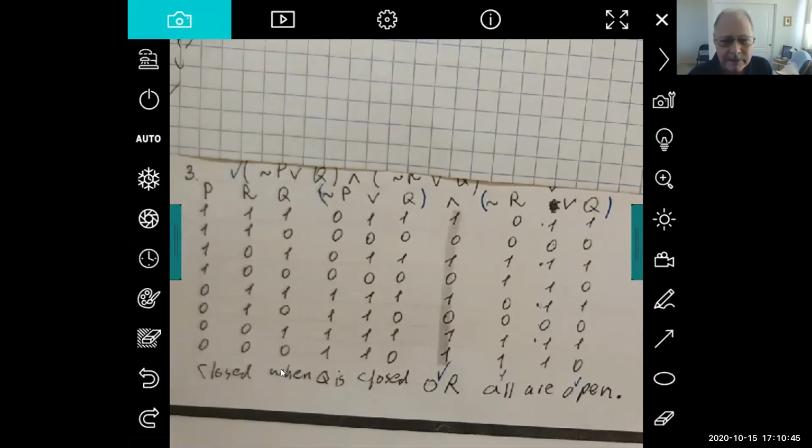Well, wouldn't it be nice if you could do the same thing for logical propositions, logical statements, instead of numbers?